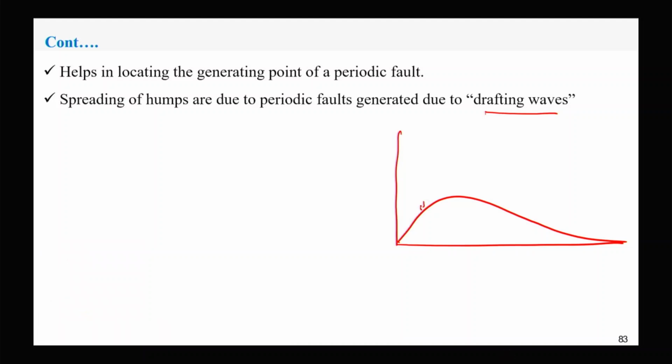In the drafting waves you will see there will be spreading of humps within a certain zone. Then we will identify it as a problem of drafting. So fiber length and setting, this adjustment should be there.